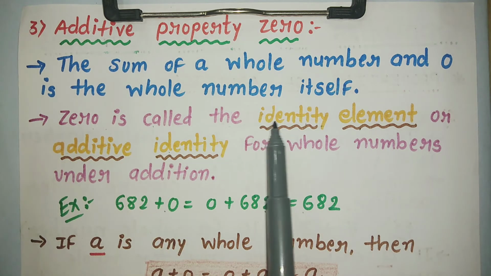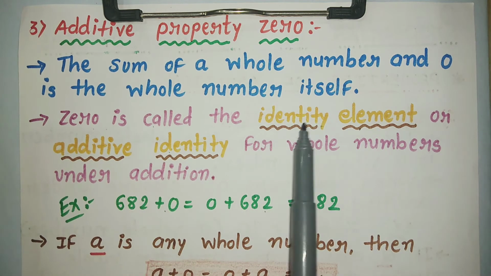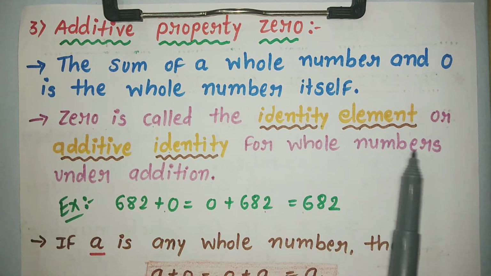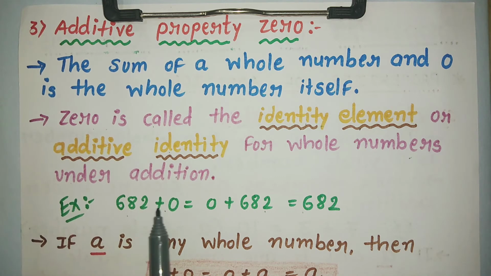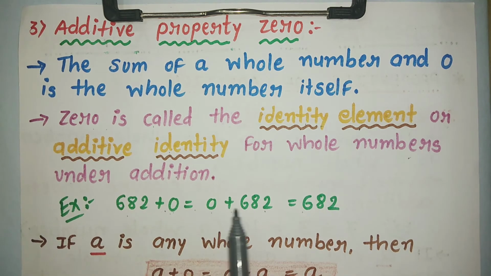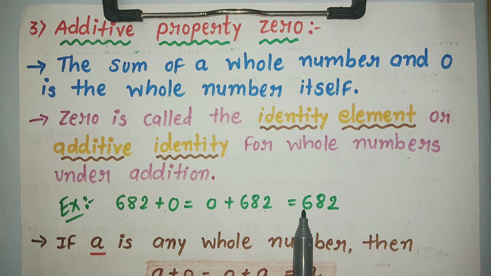Two words: 0 is an additive identity, or identity element, for whole numbers under addition. Here, example: 682 plus 0 equal to, now I am changing the order, 0 plus 682. Obviously the answer will be the same.